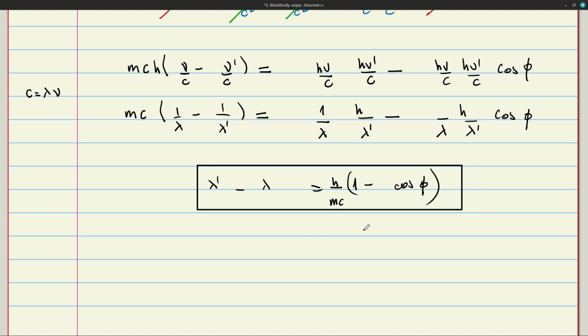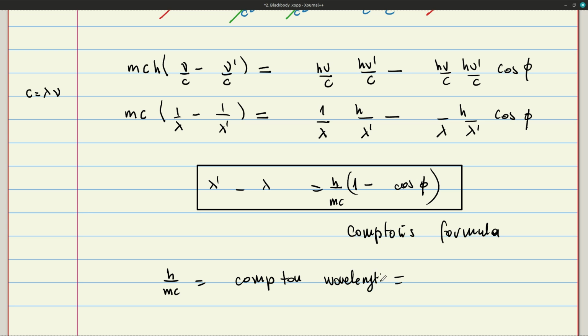So this one is what we call Compton's formula, and h over mc is called sometimes Compton radius, or Compton wavelength, and its numerical value, if you put all these numbers, is equal to 2.4 times 10 to the minus 12 meter.